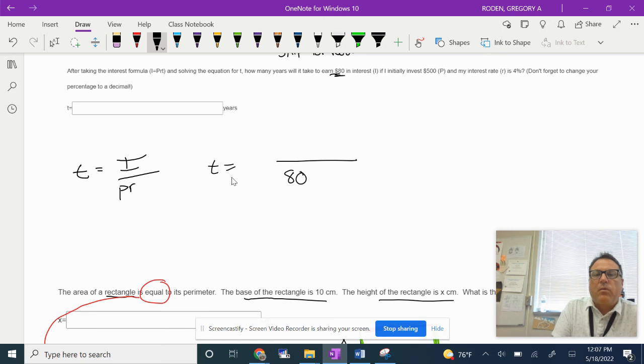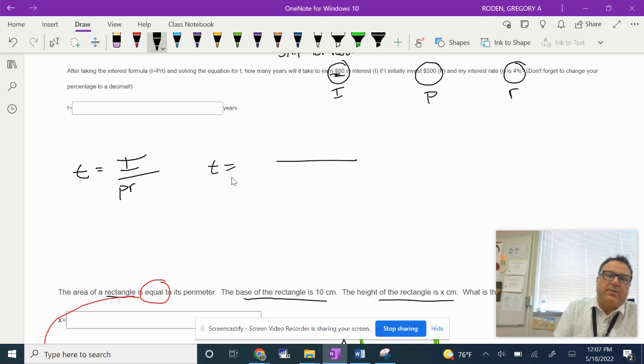Oh no, wait a minute. So we earn $80 in interest. Our principal is $500. So this is our interest, this is our principal, and this is our rate. So our principal is going to be $500 times, because we put in 500 for this P.